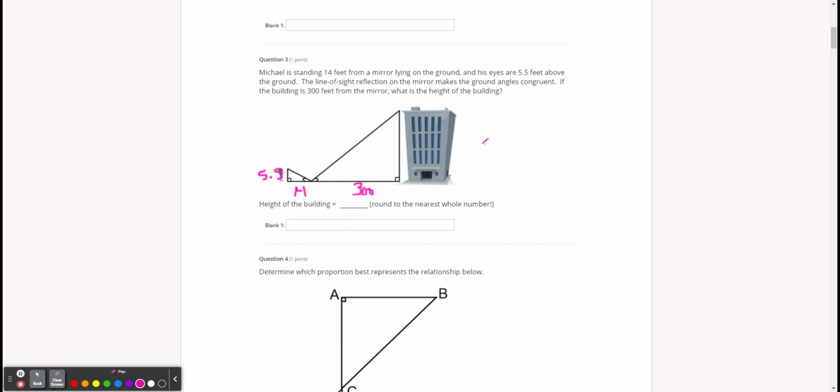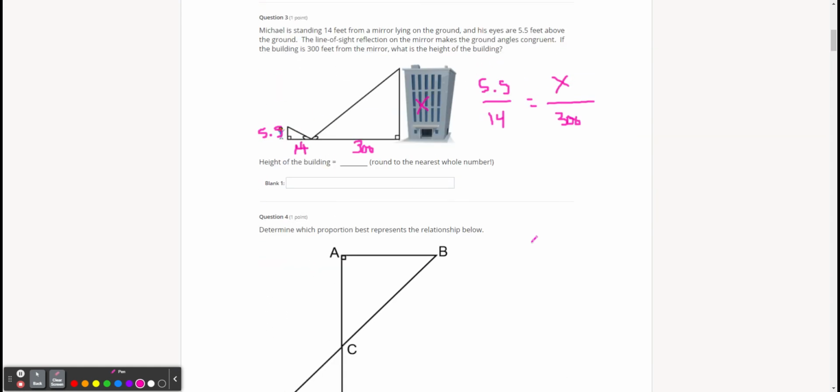How would I set that proportion up? That's a 14. It looks like an M. Does the 300 go with the 5.5 or the 300 go with the 14? Okay, and then we're going to solve that.